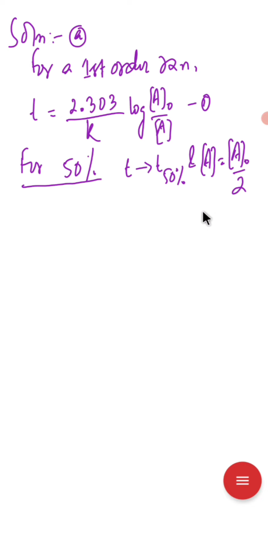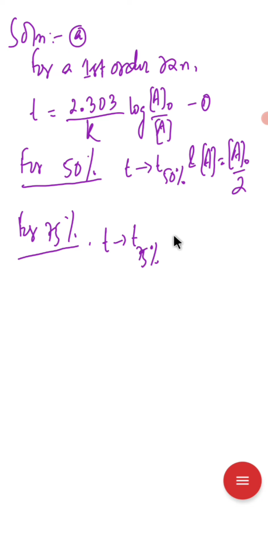A naught is the initial concentration, right? So for 75% complete, we need to substitute t by T75% and A by 25%. A is the reactant concentration which is left.